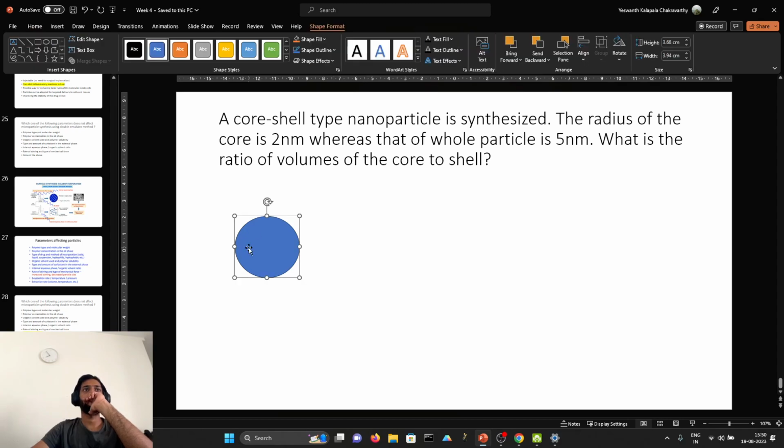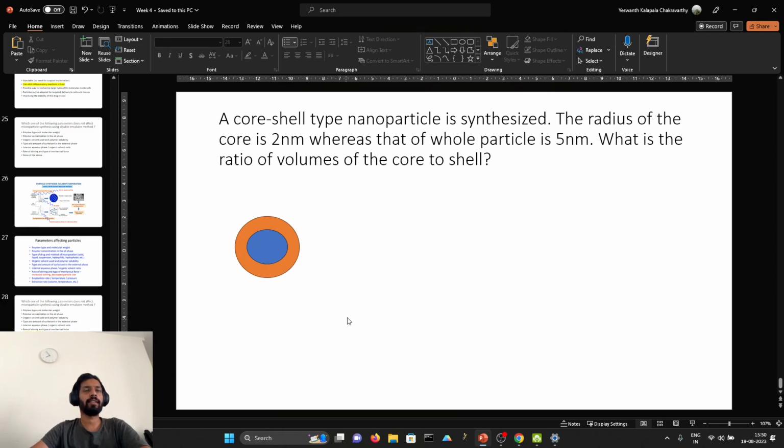Okay, so let's try to solve this. Basically they're saying it's a core-shell nanoparticle, right? I don't have the answer, so we'll solve it and we'll see what the answer is. So this would be a core-shell nanoparticle. Basically, this is hollow, and this is the ring.